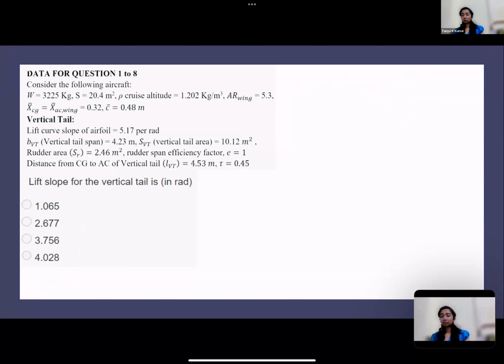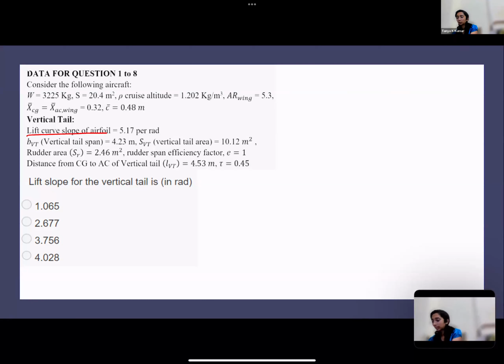The lift slope for vertical tail. Lift curve slope of the vertical tail. How do you find this? How do you go about doing this? They've given you the lift curve slope of the airfoil. How do you find it for the tail?